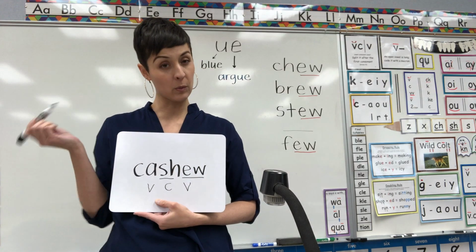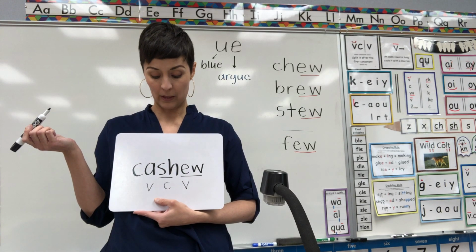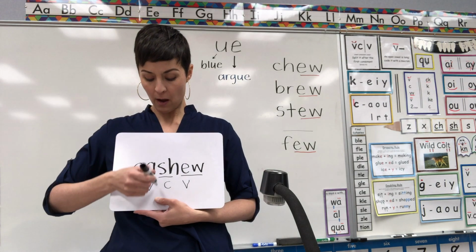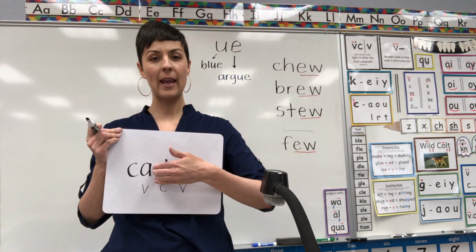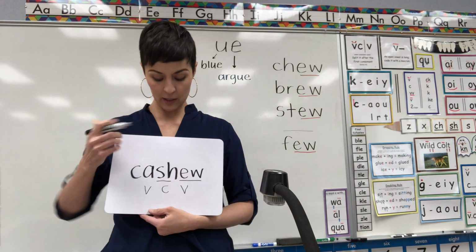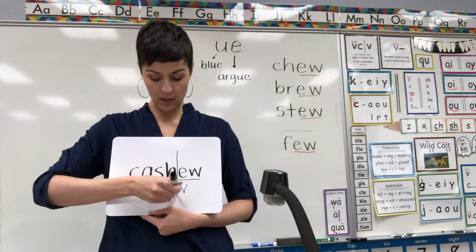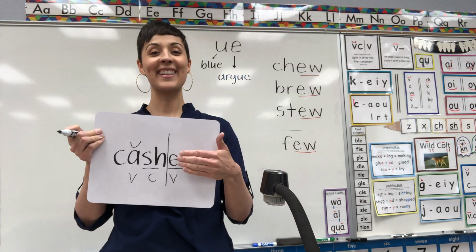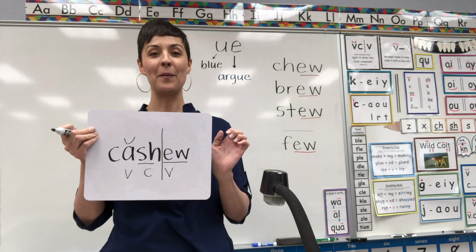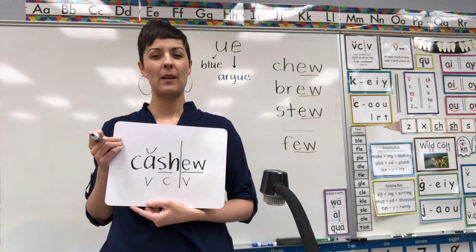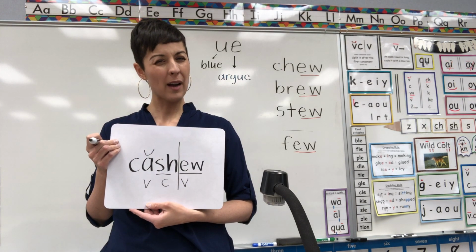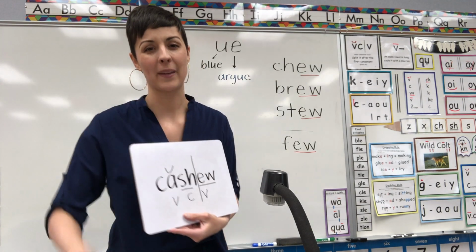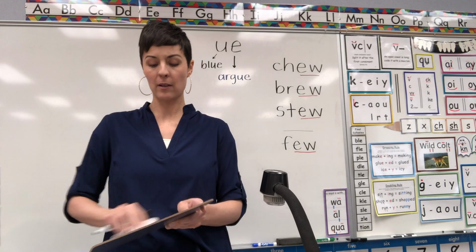SH now counts as one consonant since it's a digraph. But if I split it after the first vowel, it would say k-shoe. So I think I need to split it after the first consonant. So my vowel is followed by a consonant, and now it says cash-oo, cashew. Did anyone get the vowel pattern before I did? A couple kids, okay. I gotta be better about finding my vowel patterns. I'll keep working on it.